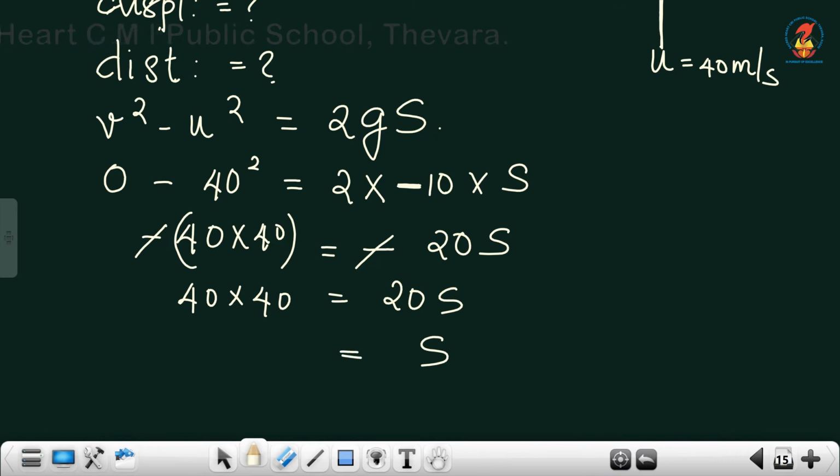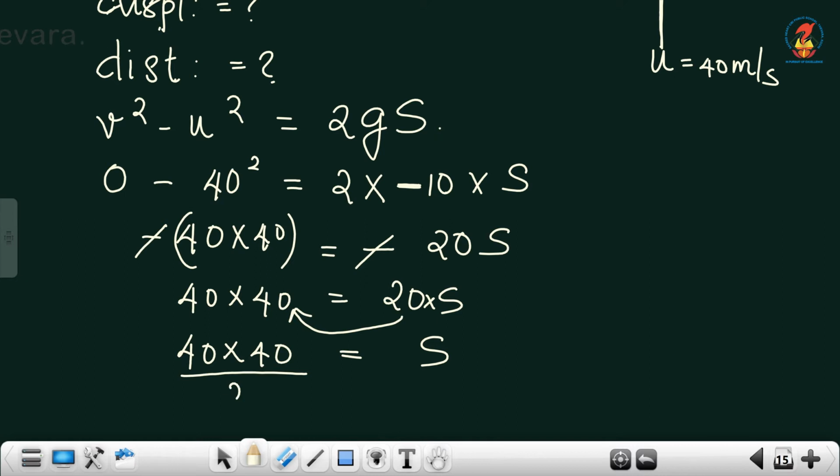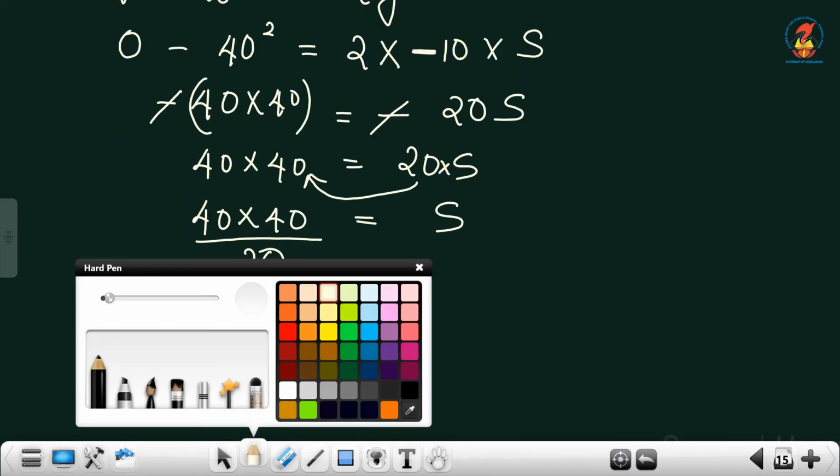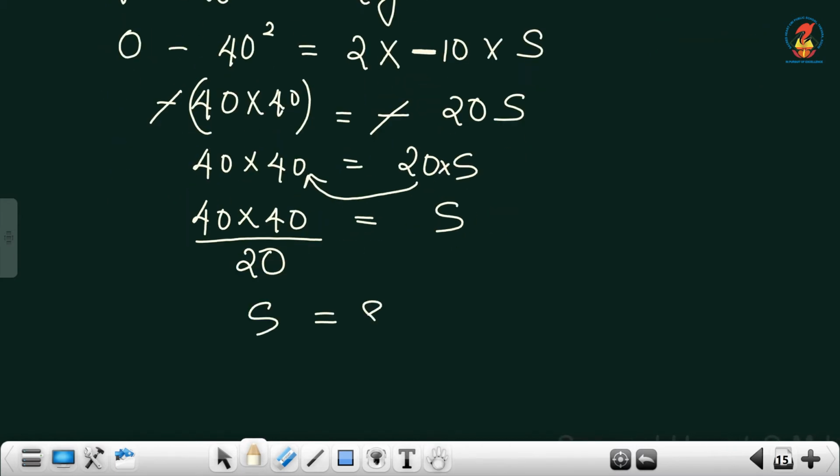Now bring this 20 to the other side, so it becomes divide by 20. On solving this, you will get S as 80 meters, using the equation V square minus U square is equal to 2gS.